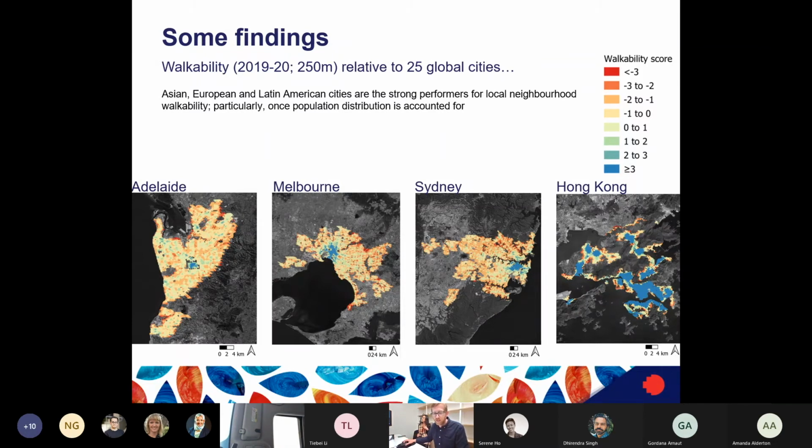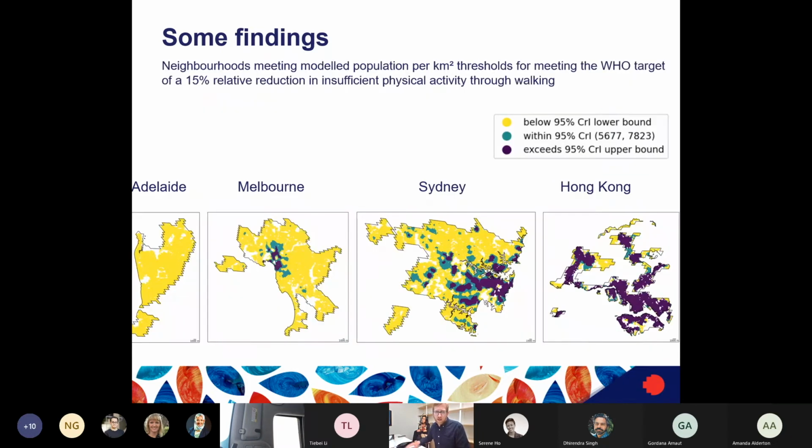Obviously, the indicators within walkability are strongly related to where people live, and so you can get a sense that in Hong Kong, regardless of population density, in general, people have pretty high access to amenities, whereas in Adelaide, Melbourne, and Sydney, there's lower population density in a lot of these outer regions and outer areas where people are less well served by amenities.